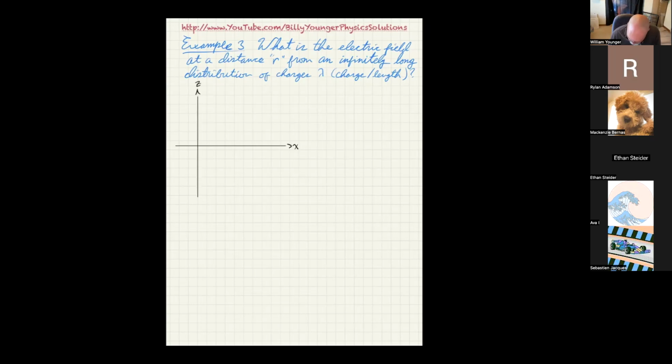I could have called this one the y-axis, but it really doesn't matter too much. What I'm going to do is imagine that I have basically an infinitely long, infinitely thin distribution of charges that goes on for infinity this way and this way.